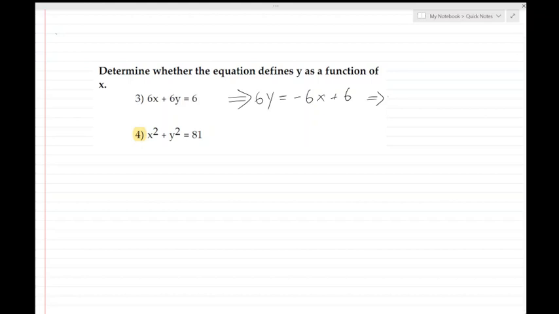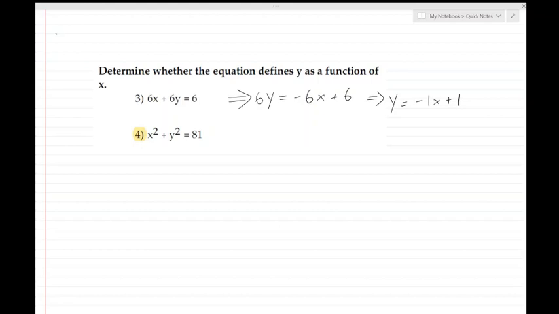If we further simplify that, we get negative x plus 1, right? So we notice how y is defined as a function of x.